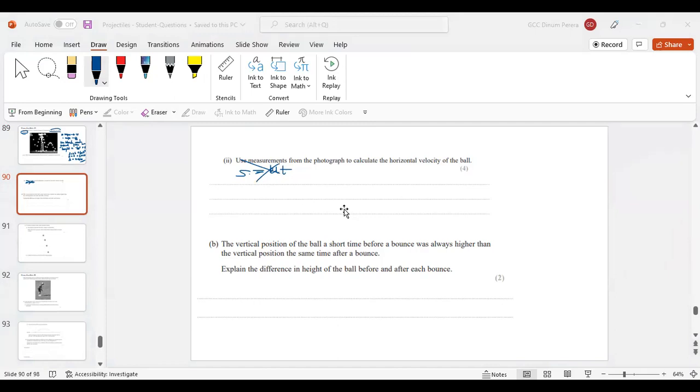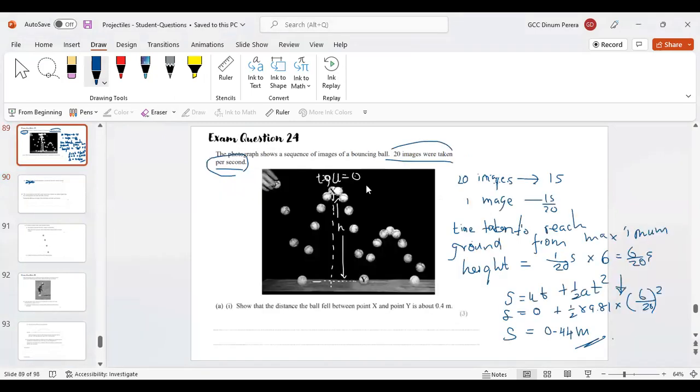Can you physically measure? Yes, you measure. What are you going to measure? The horizontal distance from X to Y. Yes, you can measure the horizontal distance from X to Y. That's right. Should we take it as the actual horizontal distance?